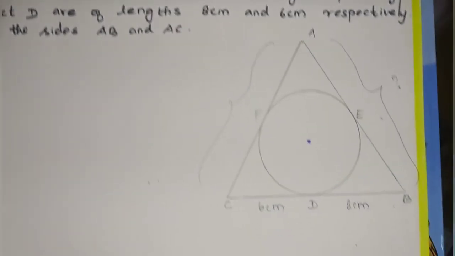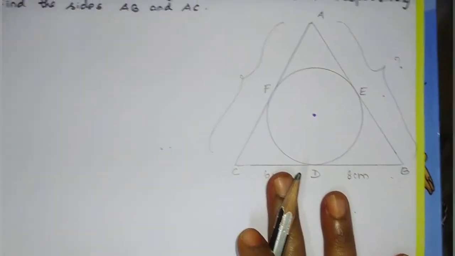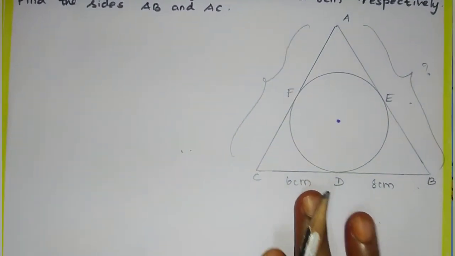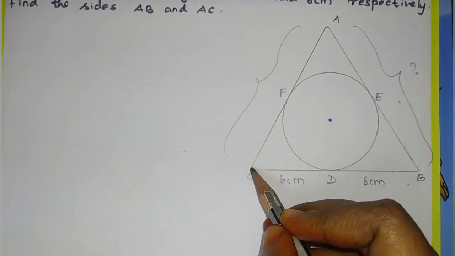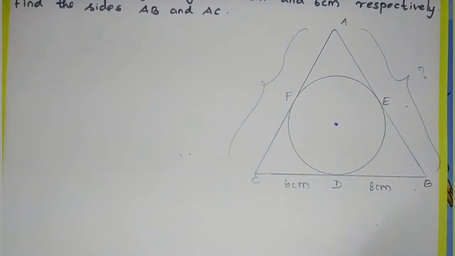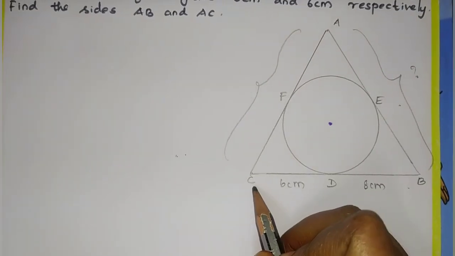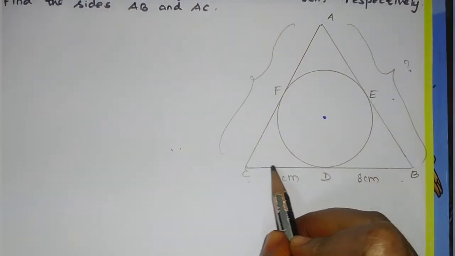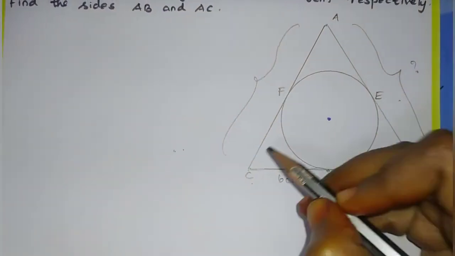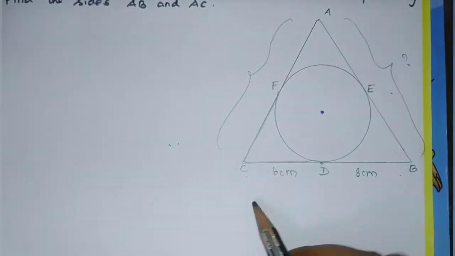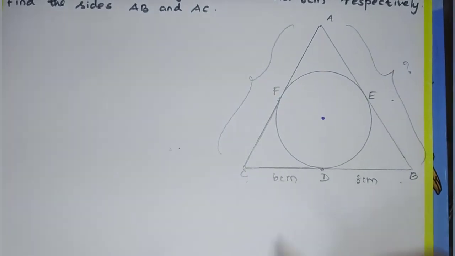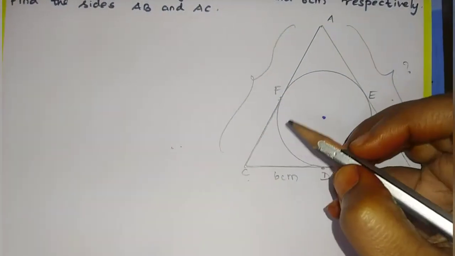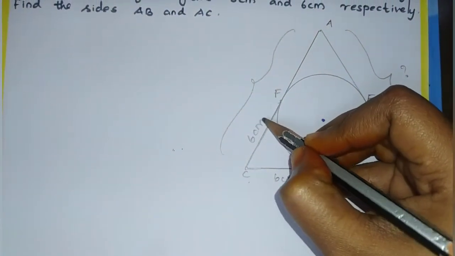Now, which theorem are you going to apply for this problem? Yes, the equal tangent theorem. We have an external point. First, we can tell that CD and CF, the lengths of the tangents, are equal, 6 centimeter.